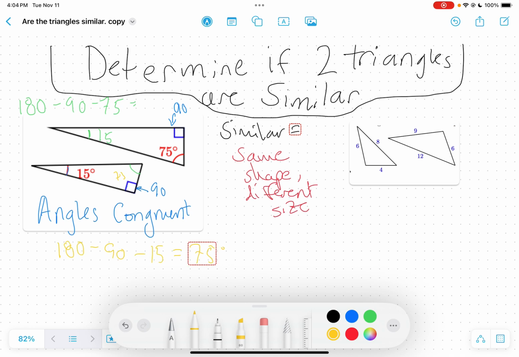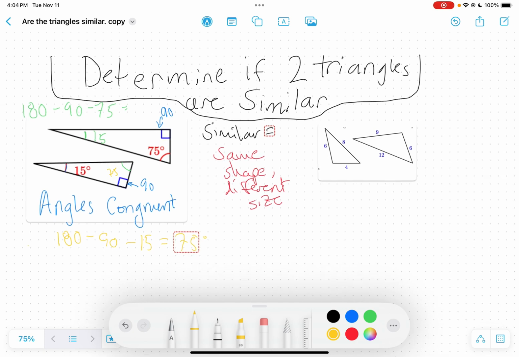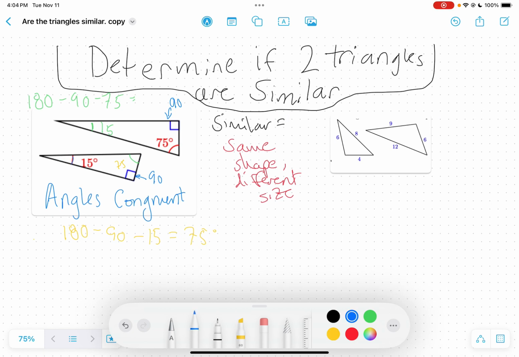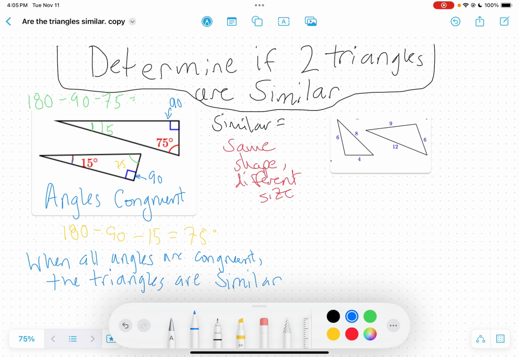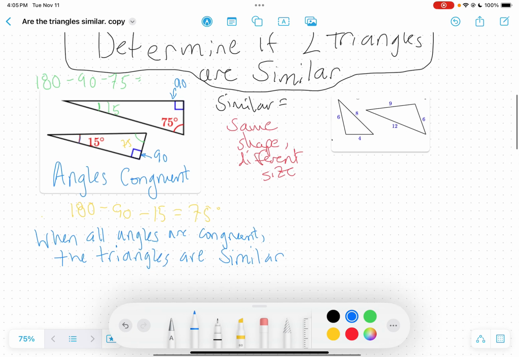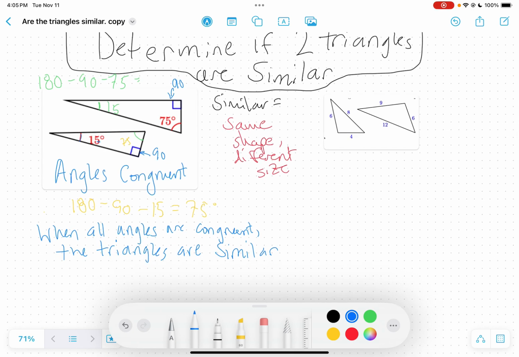And so I can see that these two triangles have congruent angles. When all the angles are congruent, the triangles are similar. Because of the way that triangles work, if two of the angles are congruent, then we know the third angle is congruent.